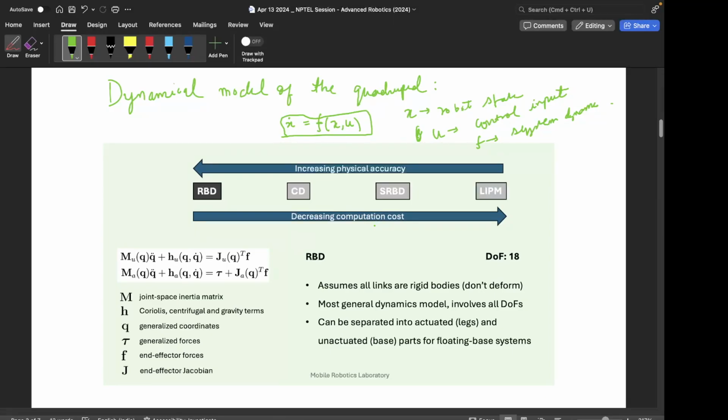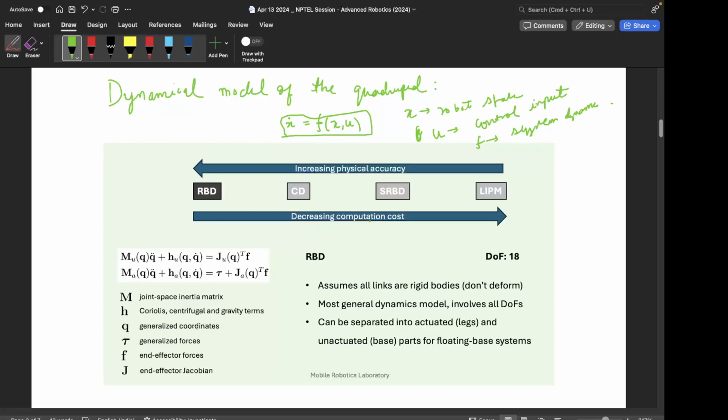System dynamics basically defines that at a given state, if we apply a certain control input, then how does the state change, right? And the way we model dynamics depends on what are the things that we include in our state, and also what we include in the control input, right?